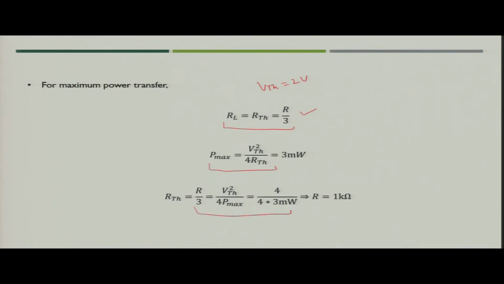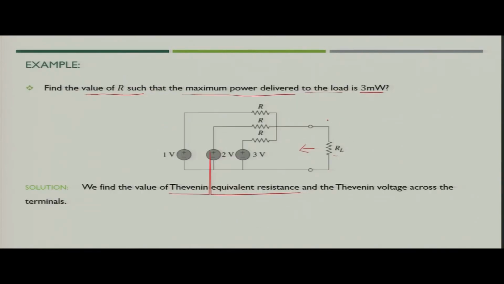So, using this equation you can simplify and you get the value of R, that is 1 kilo ohm. This will help you find the value of the unknown resistance R in the circuit, which will make sure that the load connected to that circuit is getting 3 milliwatt of power.